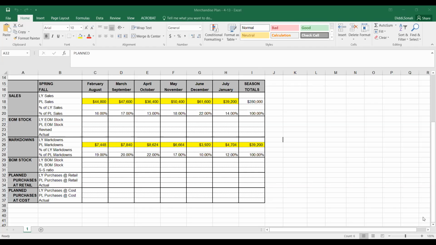Everybody ready with the sheet? So I'm just going to enter the numbers from our first problem in your merchandise plans PDF, which is on Canvas. So stock to sales ratio. This information is given to you.